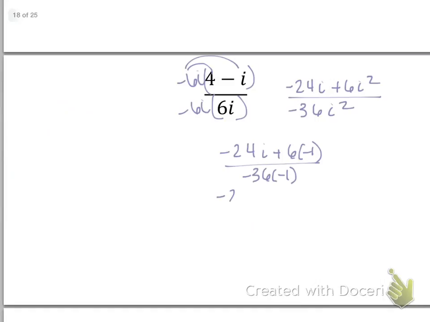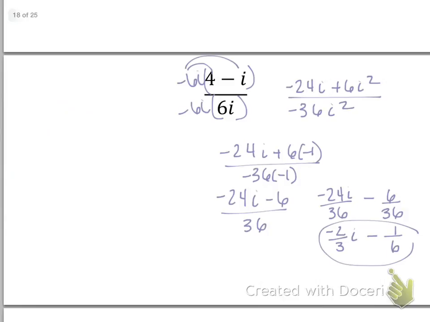So then I get negative 24i minus 6 over positive 36. We break it so that they both have the bottoms of 36. So negative 24i over 36 minus 6 over 36. We can divide this first set by 12, so we get negative 2 over 3i minus, divide both of them by 6, 1 over 6.